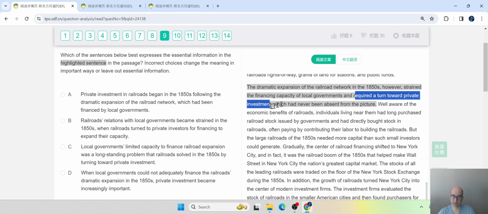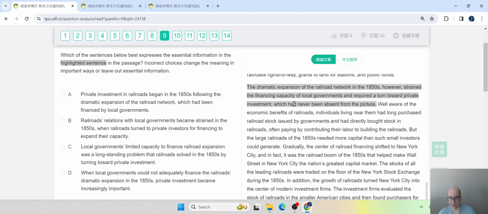So they basically depended on support from private money, private companies, which now, when you run into a word like which, if you ever get one of these, it's referring to private investment, not financing capacity, not local governments, not other nouns. So always remember that which is referring to the noun right in the previous clause.